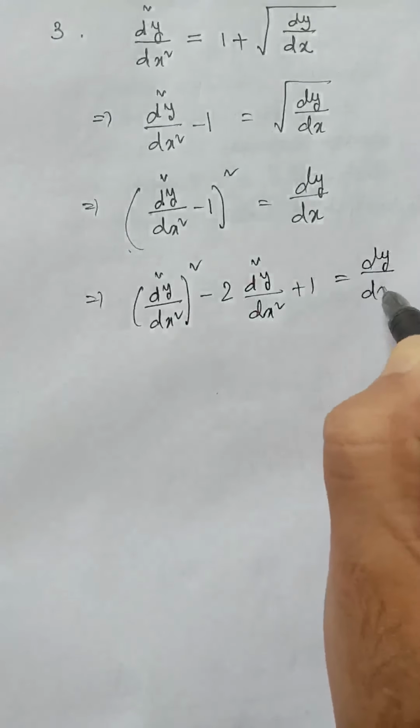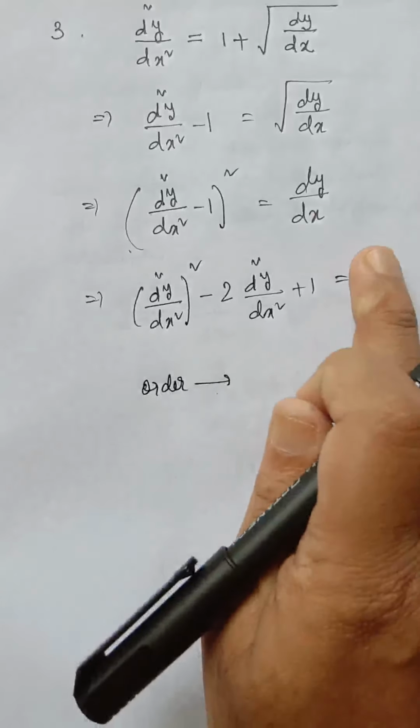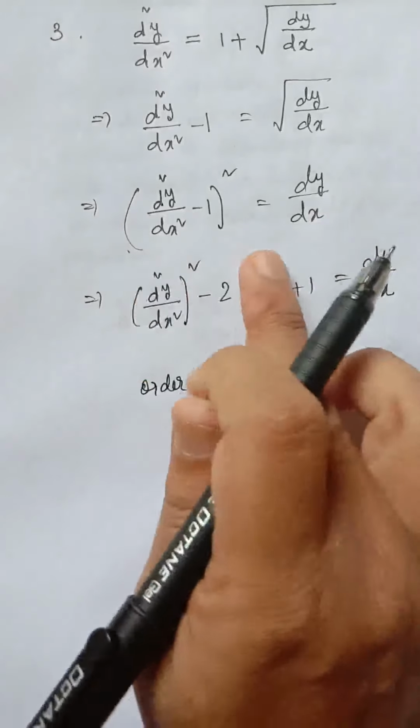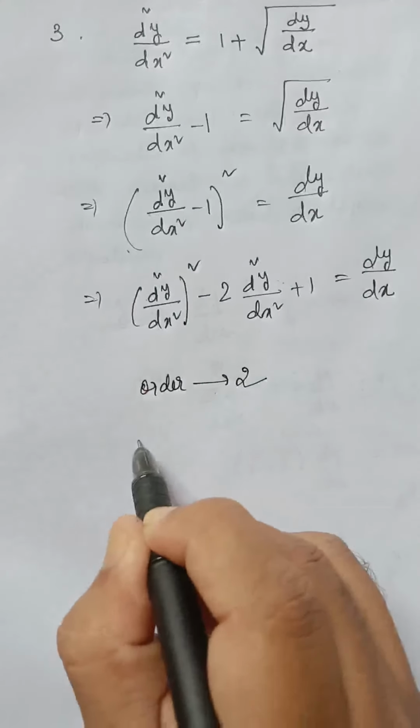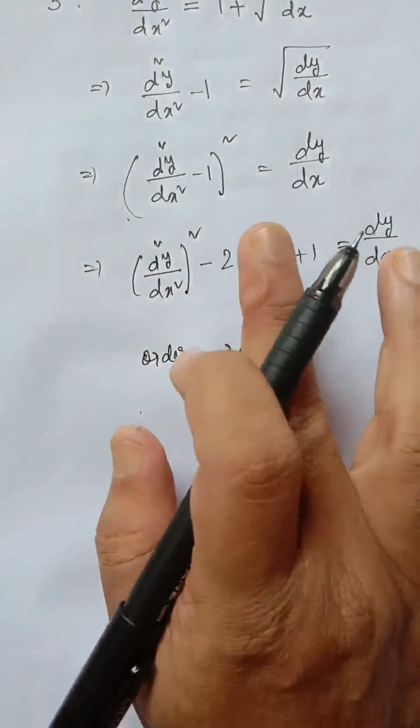Now we can easily find the order. The first order derivative is dy by dx, and these two are second order derivatives. The highest order derivative is the second order derivative. Now the degree: the highest degree of the highest order derivative.